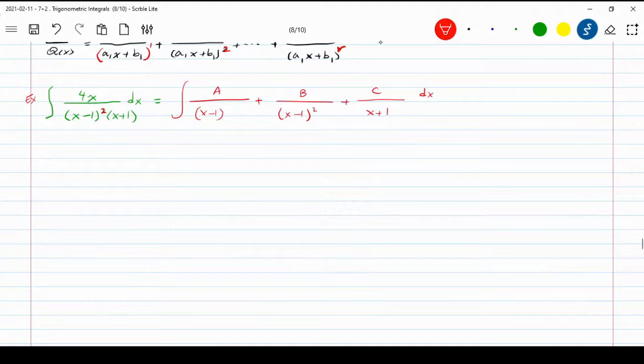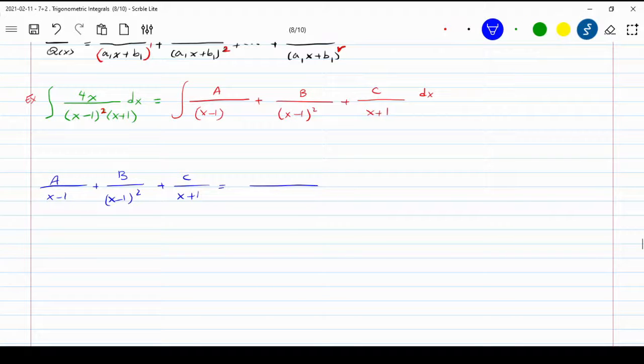So we can go through the same process. I'm going to try to pick up the pace in writing these down, but it will be similar. a over x minus 1 plus b over x minus 1 squared plus c over x plus 1. And if you do common denominator, you need to multiply the first one by x minus 1 and x plus 1.